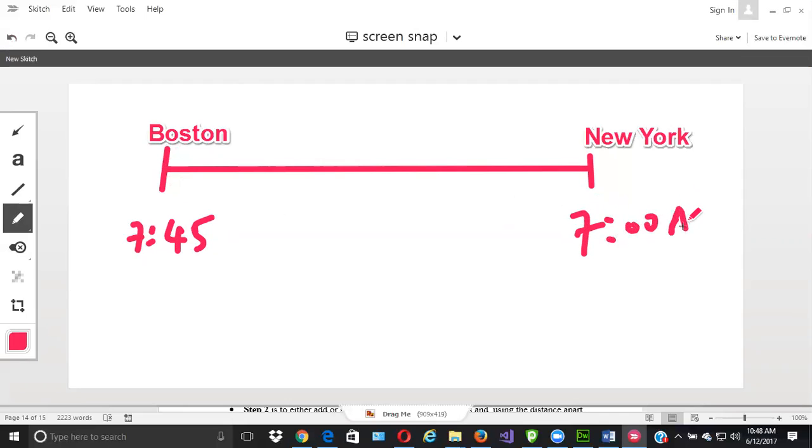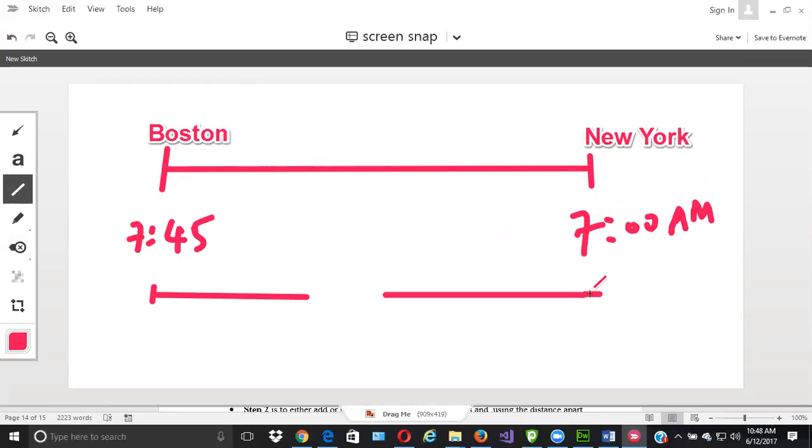Okay, so once we got that, let me put down the original distance as well. The original distance between the two cities, between the two trains, is 210 miles. So put that down as well. 210, and this is in miles. I'll just say MI.